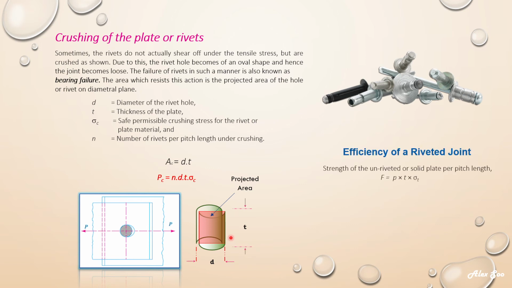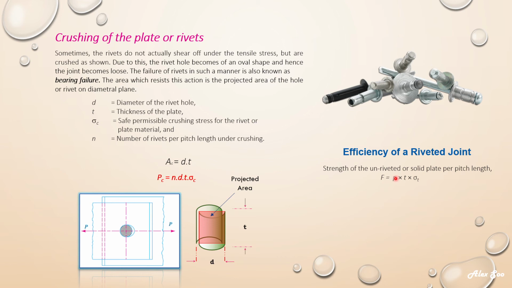Okay, now another small section, the efficiency of a riveted joint. So how are we going to measure the efficiency? Usually if the plate, before you drill holes, you have a solid plate. So the area of the solid plate that you measure will be based on pitch. This lowercase letter p here is the pitch.